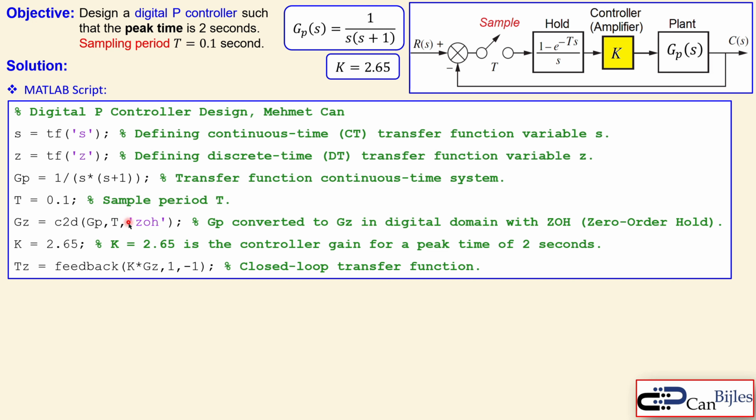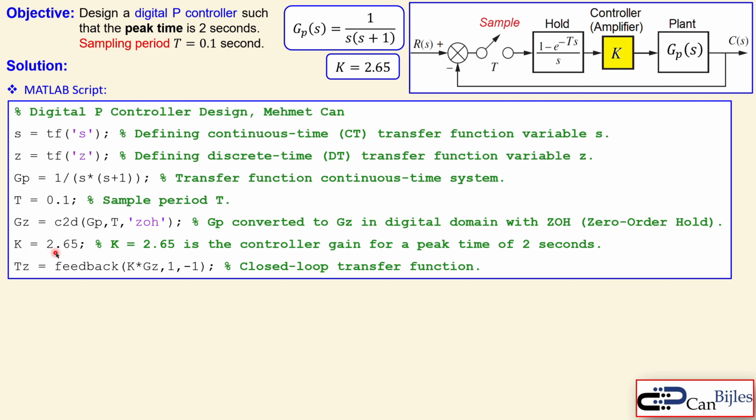And this ZOH in the command is the way you want to convert that, in this case zero order hold. That is a command you also need to put here. You also have first order hold or other options, which give a different transfer function, and this is what I have used in our example.